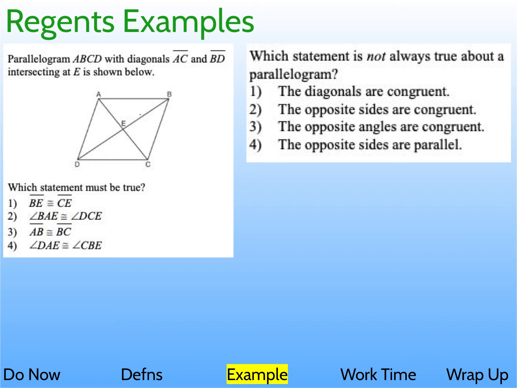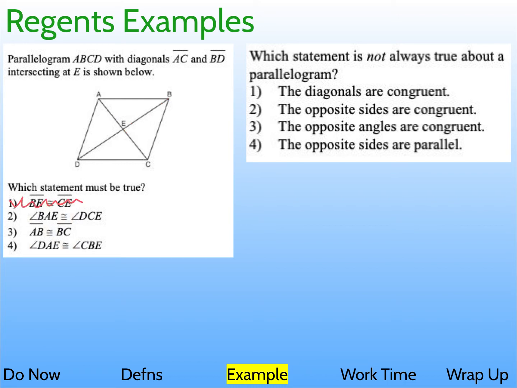So that's saying that this must be congruent to this. Now, that's not always the case because we know that the diagonals bisect each other. So like this is possible, or this is true, but we don't know necessarily that this is the same as this. Because, looking at it right now, this looks a little shorter than this right here. So that's not going to be our answer.